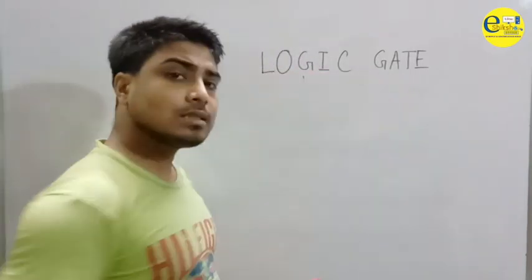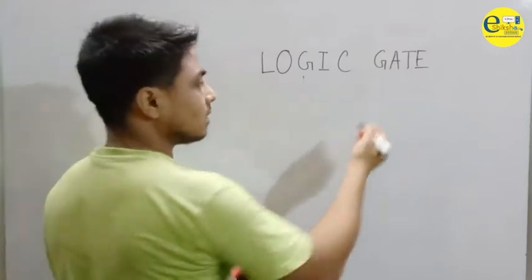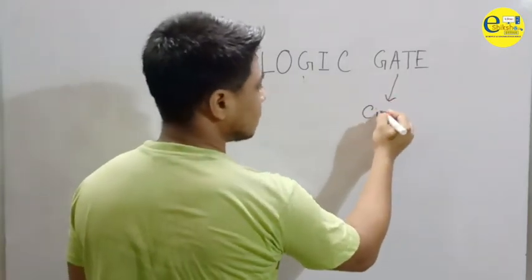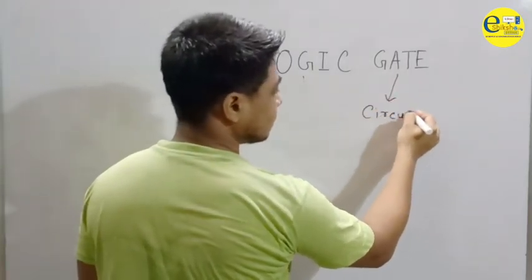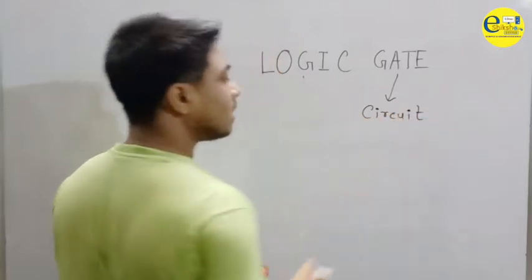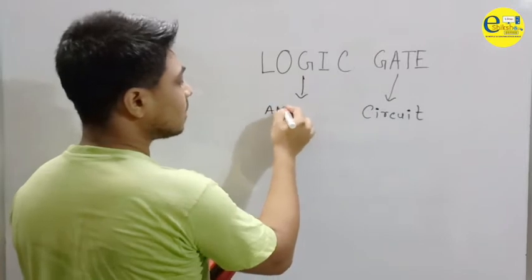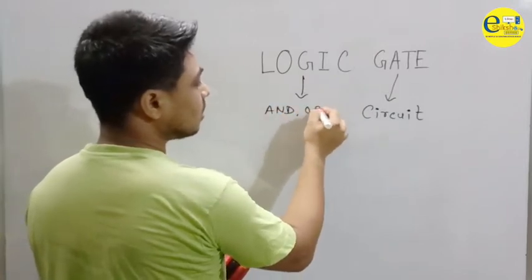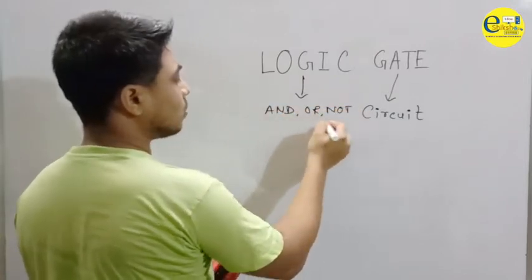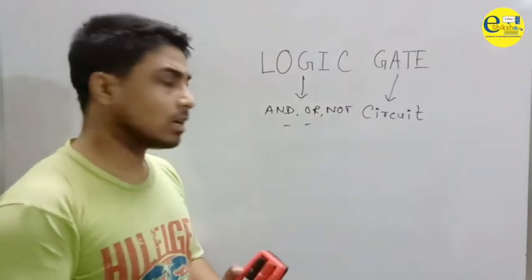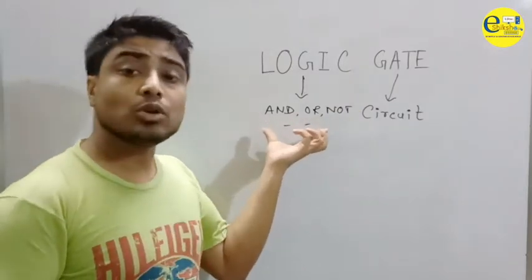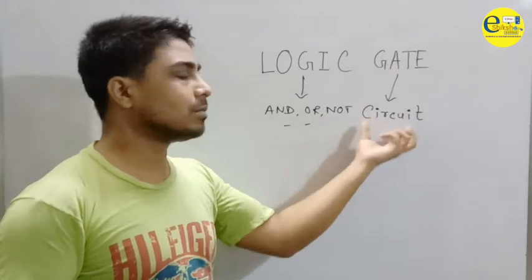And what does gate mean? Gate means simply a circuit. Gate implies circuit, and logic implies logical operators like AND, OR, NOT and so on. There are various types of logical operators, and gate implies circuit.